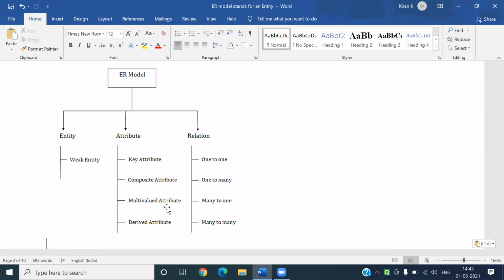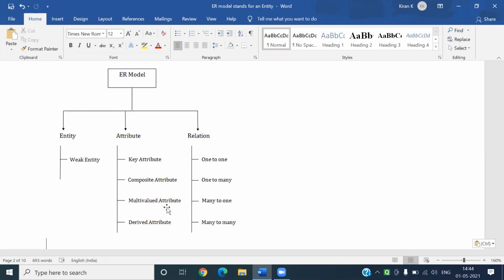Derived attribute. Some attributes are called derived attributes. For example, consider age. Age is one which changes day by day. If you keep age as one attribute, suppose in 2005 you have entered the age as 40, now it is 2021. The age attribute will still have 40, even after 2050.